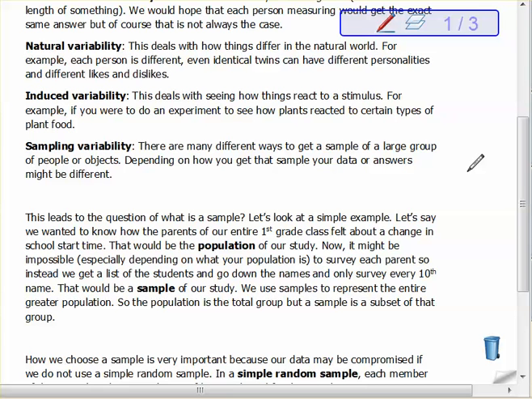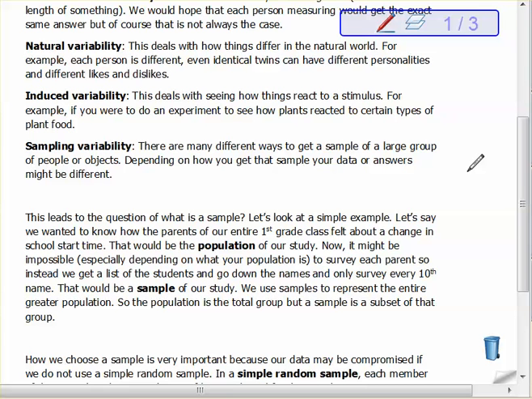But a lot of times it's really difficult to survey or to experiment with an entire group. It may just be way too large, and so there's no way to gather all of that data and information.